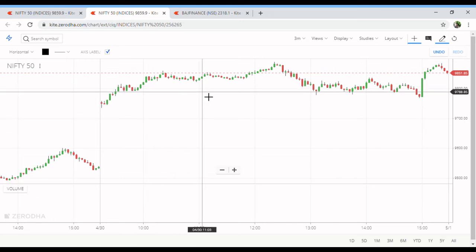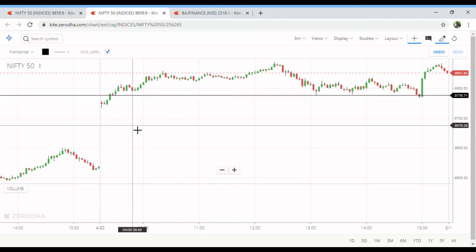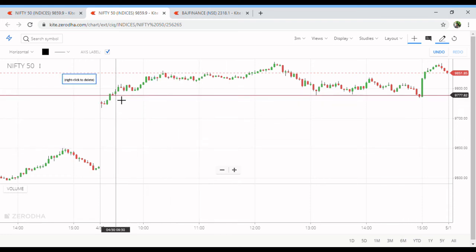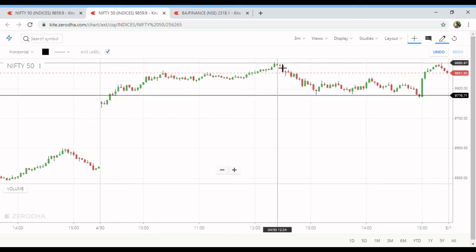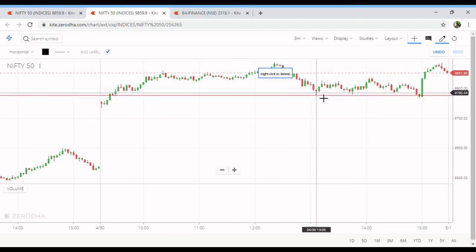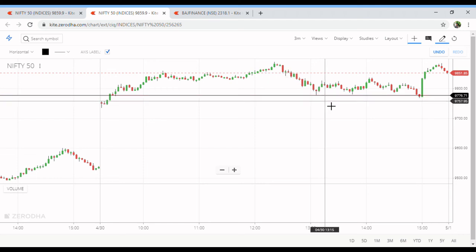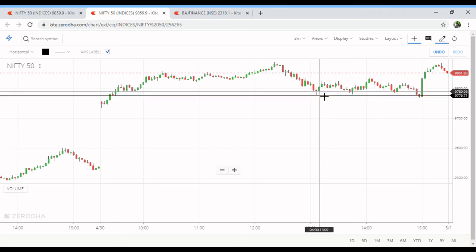You can mark this level as a support level. Once it took support at this level, it moved up till this level and again started falling, and here you can see there is a candlestick confirmation which is not ready to close below the support level.